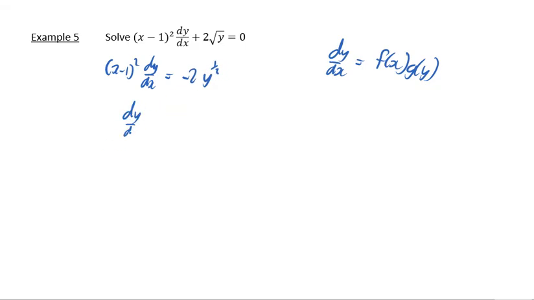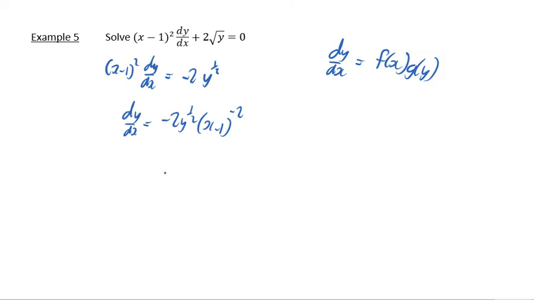Next thing I'm going to do is bring my x term across. If I bring it across, it's going to be x minus 1 to the power of minus 2. So we're now in this form over here. You've got an f of x and a g of y on the right-hand side, and then I would start from here and try and work things out.